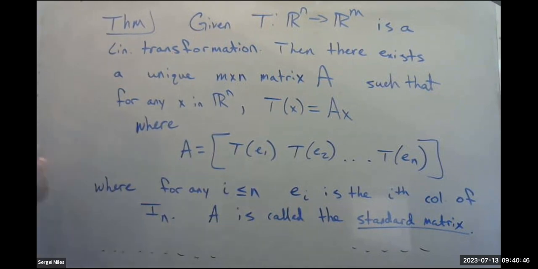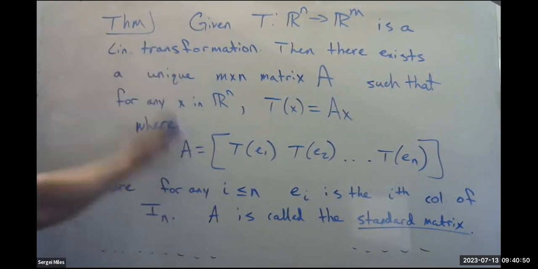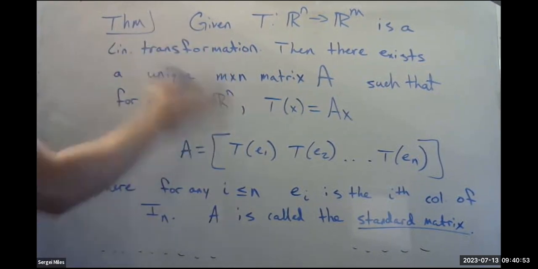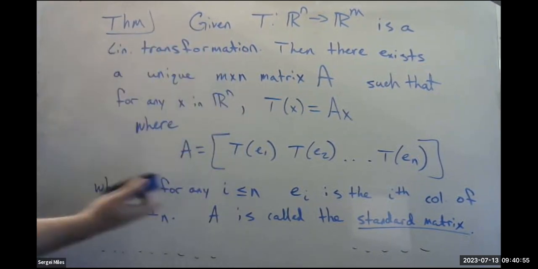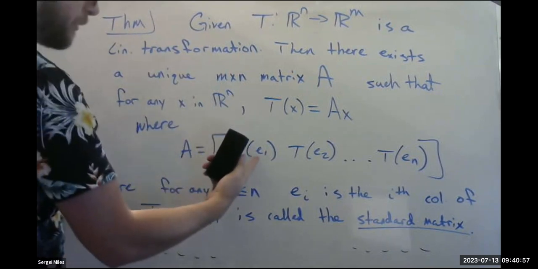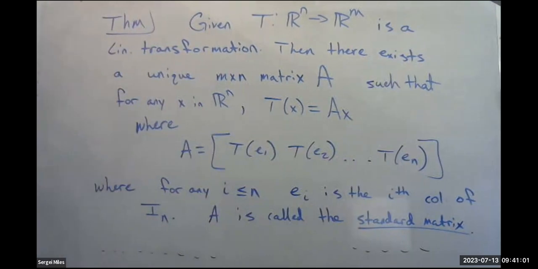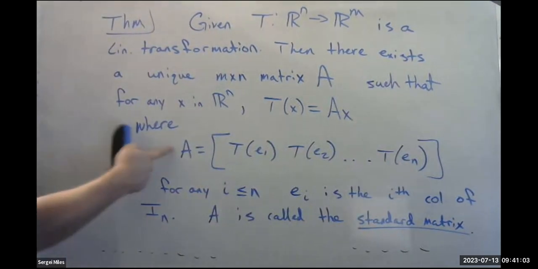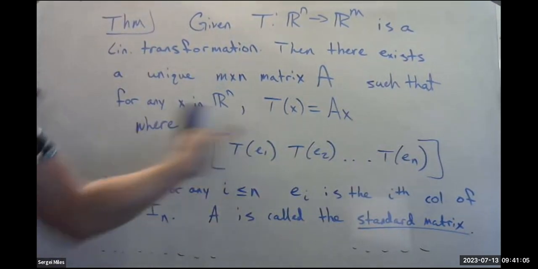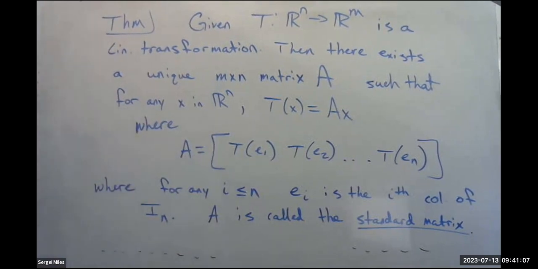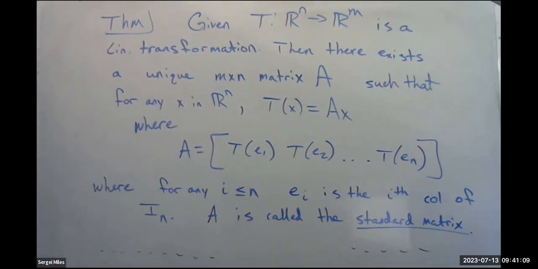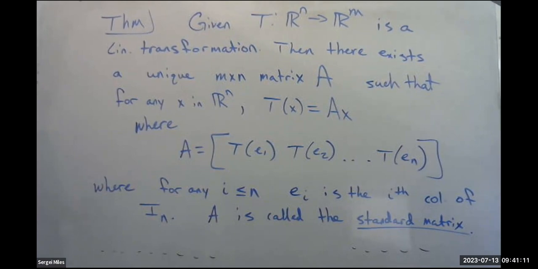Well, let's take a look, using this theorem. This theorem is going to be super important, so make sure you do remember this. You want to memorize this. It's going to be very helpful. If a problem gives you T of E1, T of E2, dot, dot, dot, and so on, the problem is telling you what the matrix A is. So make use of that fact to get your matrix A. It's going to be very helpful in homework problems as well as test problems.